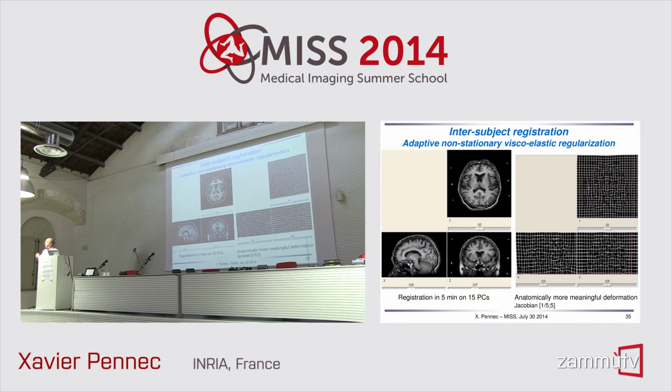Some people have 2 gyri at some point and others have 3. Should we match them? Should we force the deformation to have exact correspondences, or should we have a smooth deformation and say, okay, the correspondences might be different from the underlying deformation?